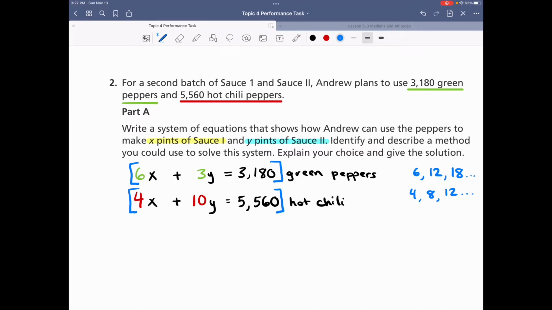So I'm going to multiply the top equation times 2, because 2 times 6 is 12, and I'm going to multiply the bottom by a -3, and the reason I'm doing negative is so that I get a negative coefficient, a -12, to cancel with the +12. We want opposites. Okay.